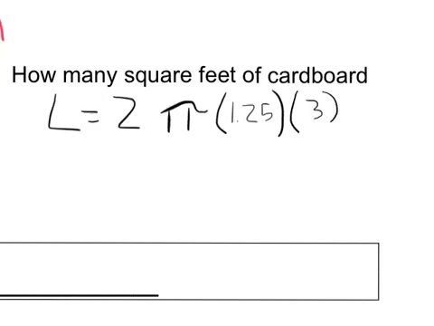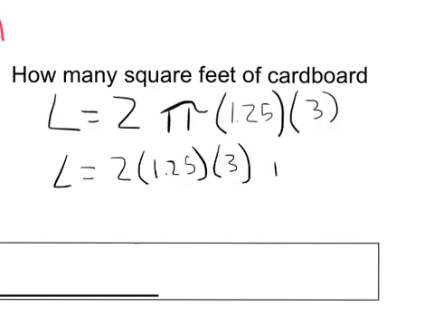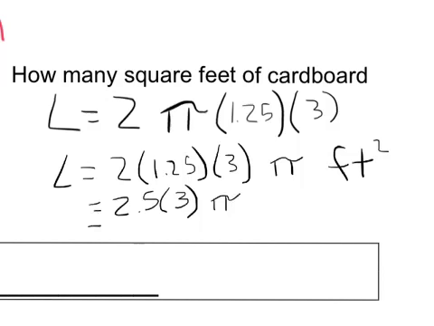To simplify this, I always just put the pi at the end once I got all my numbers in. So I'm going to have 2 times 1.25 times 3 times pi, and this will give us feet squared. 2 times 1.25 puts us back at 2.5, and 2.5 times 3 is 7.5. So we have 7.5 pi feet squared.